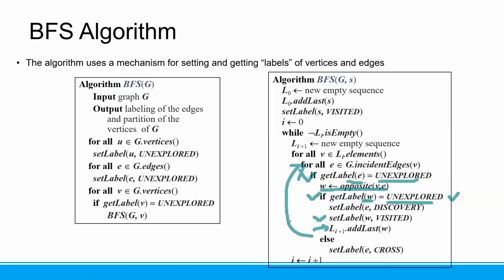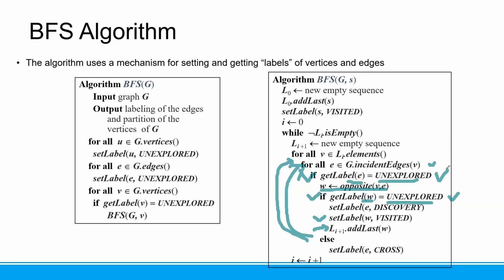Next, we return back to this loop for all E in the incident edges of A. Okay? So it is still in this V. V is still A. And then there is another incident edge. What is the incident edge? It is AD now. And then check if AD is unexplored. Yes, it is unexplored.